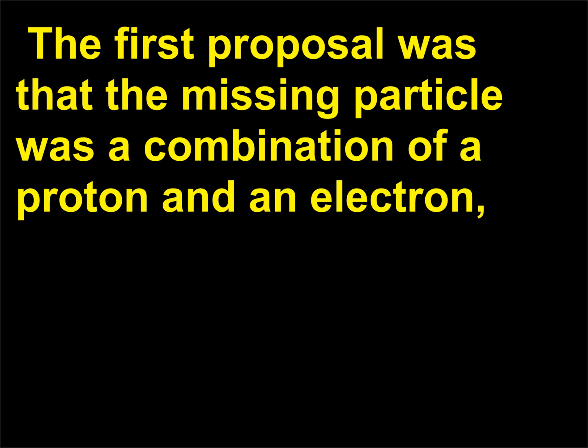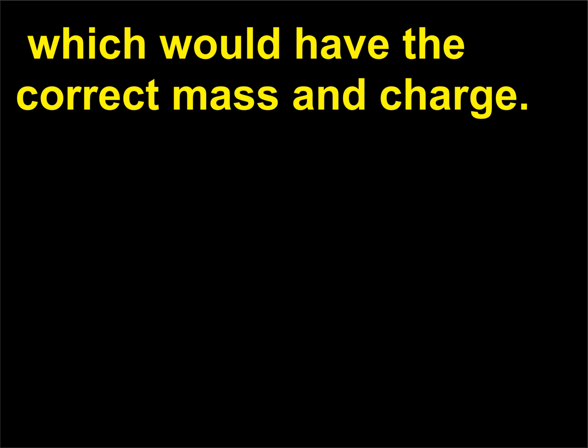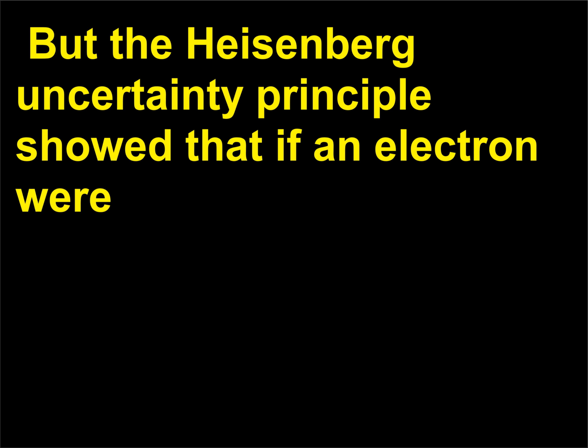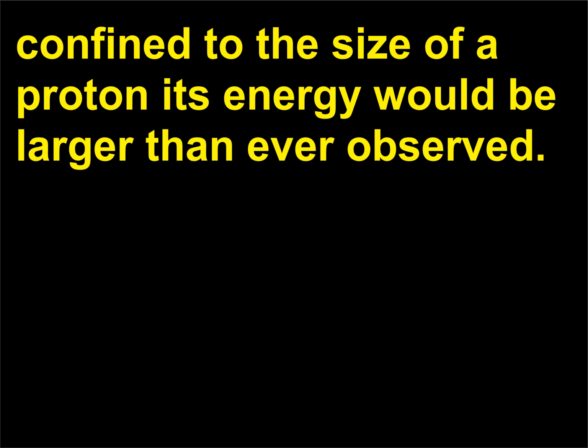The first proposal was that the missing particle was a combination of a proton and an electron, which would have the correct mass and charge. But the Heisenberg uncertainty principle showed that if an electron were confined to the size of a proton, its energy would be larger than ever observed.